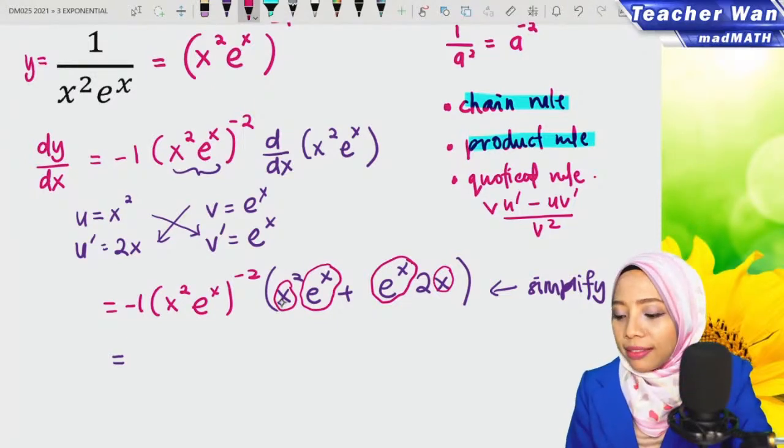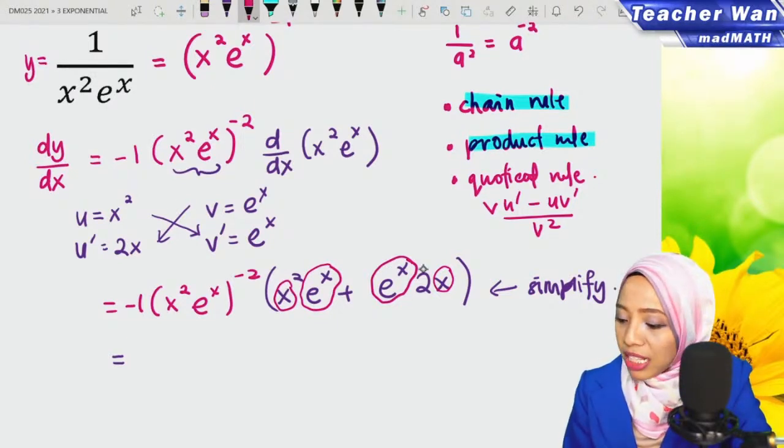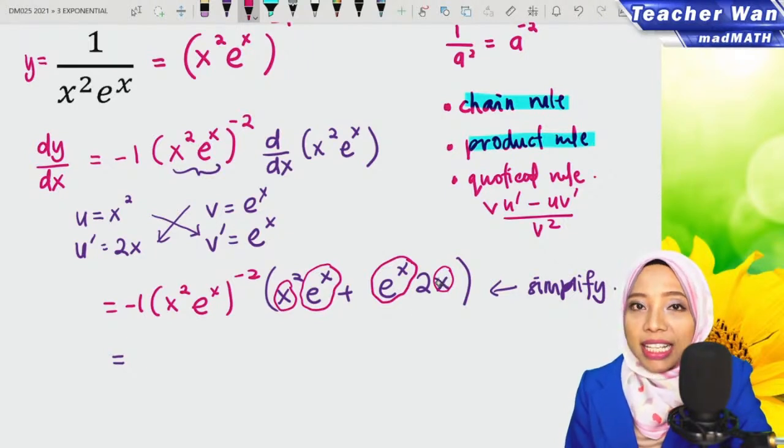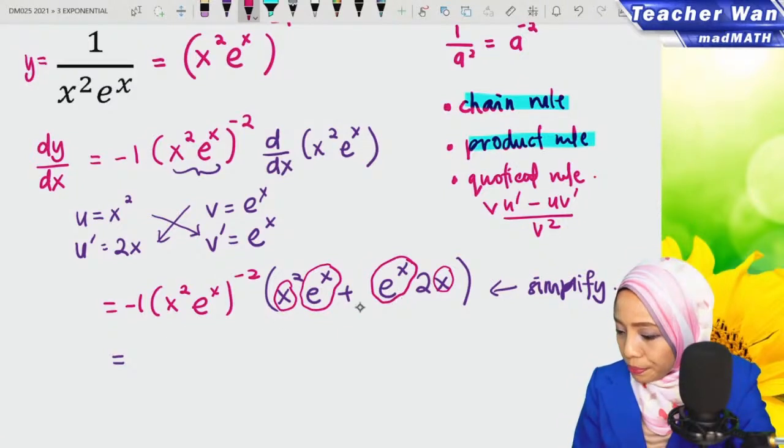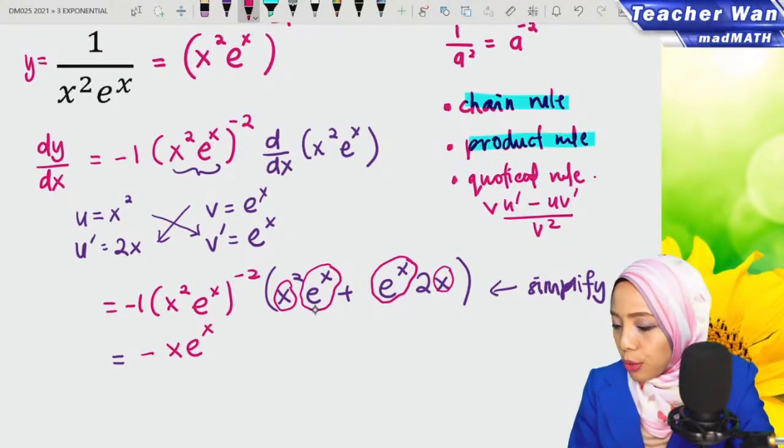But we cannot factor out x squared because this term does not have x squared, it only consists of x. So what you are going to do is keep the negative from here, and then you factor out x and ex, the things that you found the same for both.